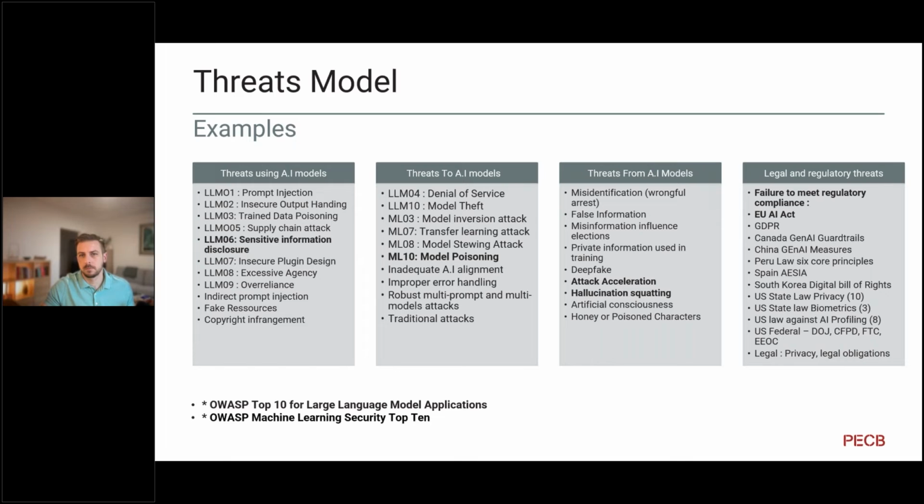We can maybe continue to explain some of them, not all of them, because we lack time. But let's take, for example, sensitive information disclosure. This is maybe the main consideration that we have as security experts to cope with and to manage. There will be an unintentional exposure of confidential or sensitive information by the AI system. We talked about use cases.